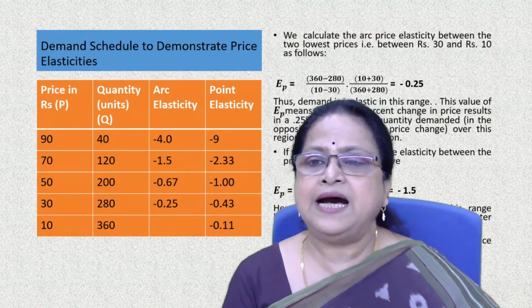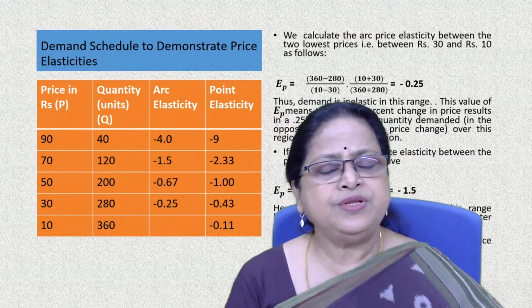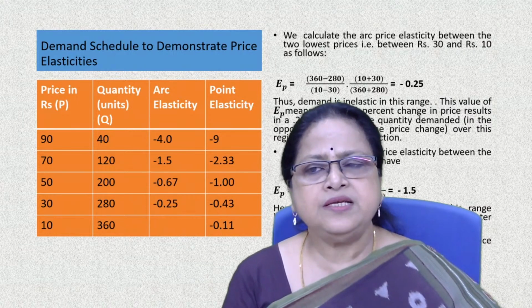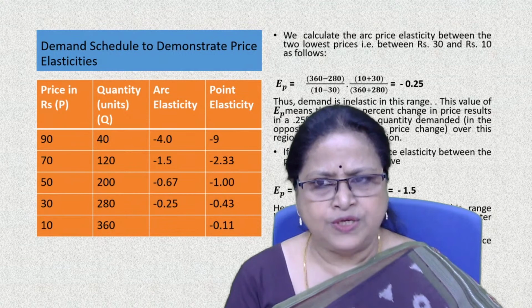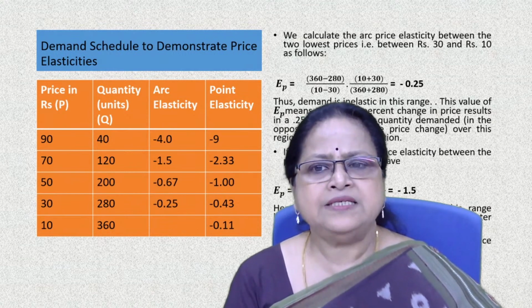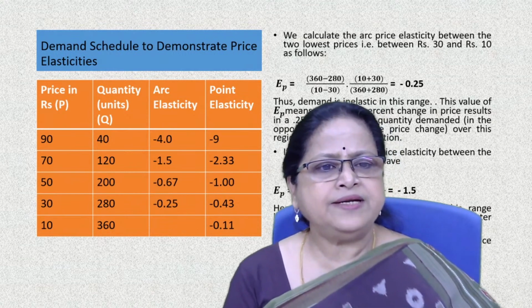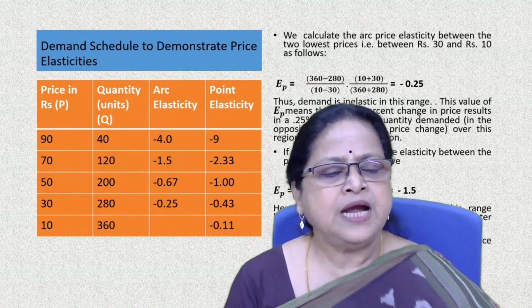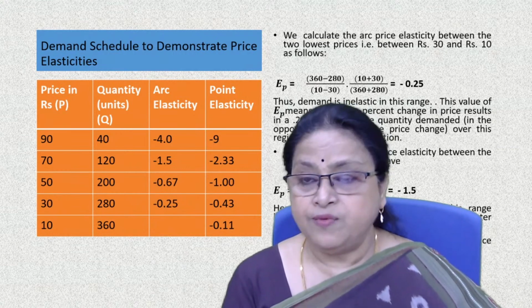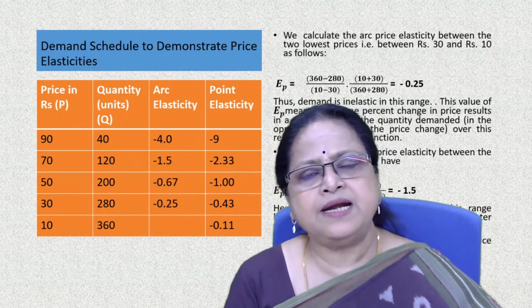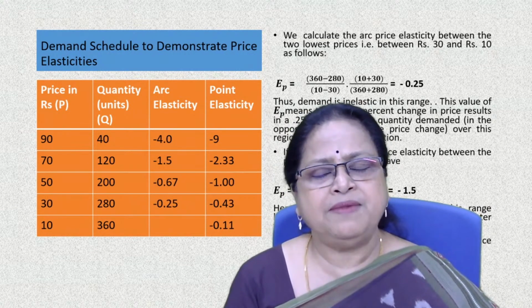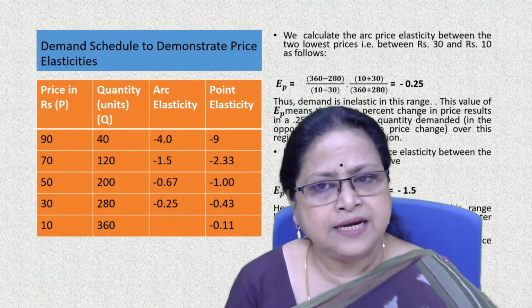Now let us look at the right hand side. We calculate the arc price elasticity, say between 30 and 10. So 10 is the final, or X2, and 30 is the original, that is X1. Similarly at 30, the quantity demanded is 280, and at 10, the quantity sold. Here we have to always mention quantity sold, because quantity demanded is by the consumers, and for the managers, they have to sell that quantity.